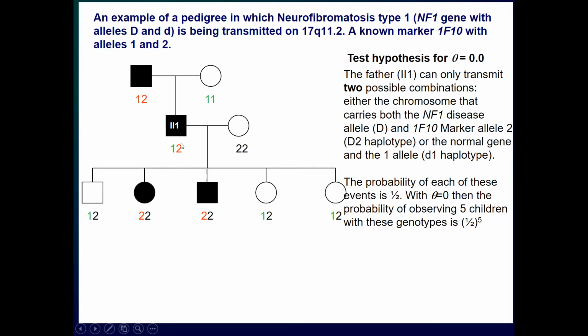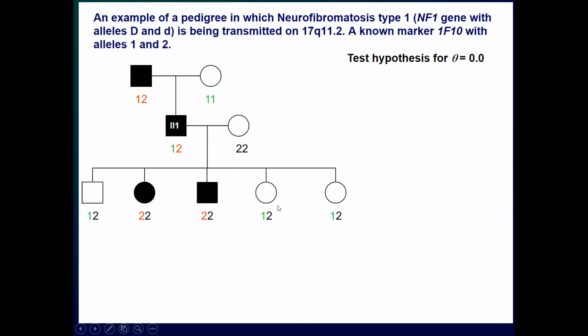This individual, under the hypothesis that theta equals 0, so you could see the importance of estimating a LOD score under a specific hypothesis, is either 1 or 2. 1 with small d, 2 with capital D. So transmitting this or the other is 50%. Each event is independent. 50% chance here, 50% here, 50% third, and so on.